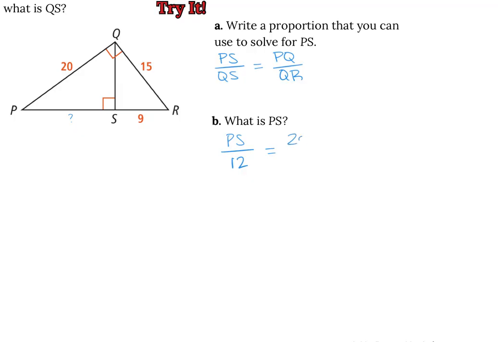PQ is 20. QR is 15. Cross multiply. So PS will end up equaling 16.